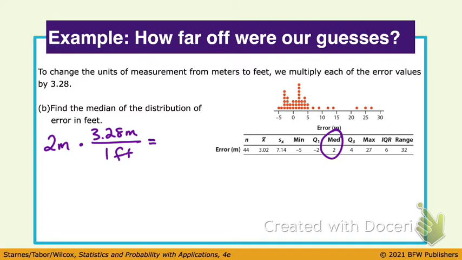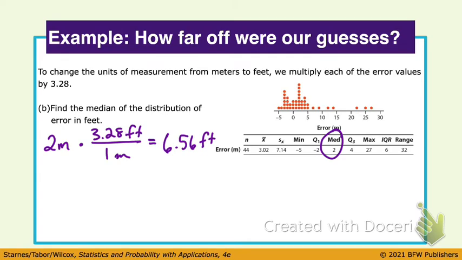I'm sorry, I mixed up my units here. My bad. If I take 2 meters and there are 3.28 feet in 1 meter, there you go, then I would get the new median. So the new median would be 6.56 feet.